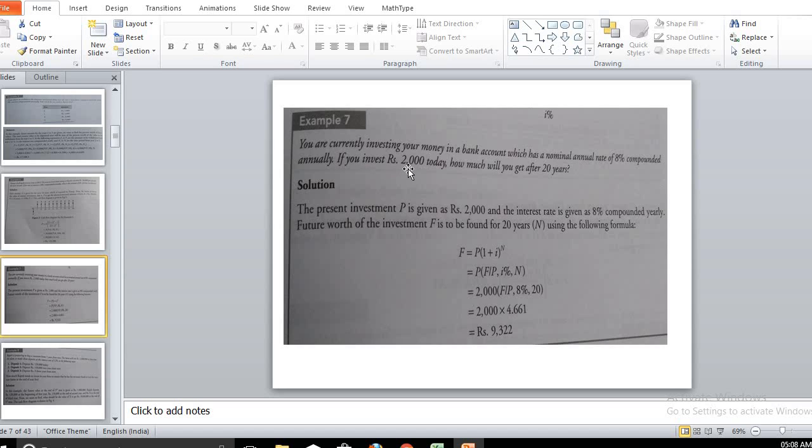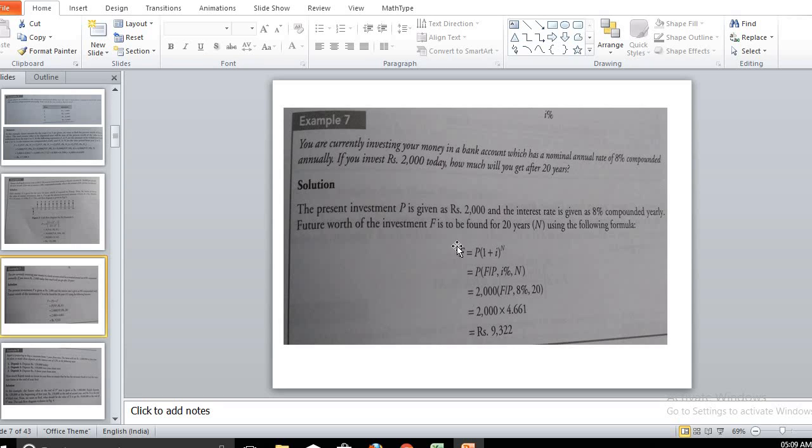If you invest 2000 today, how much will you get after 20 years? This is future worth analysis.